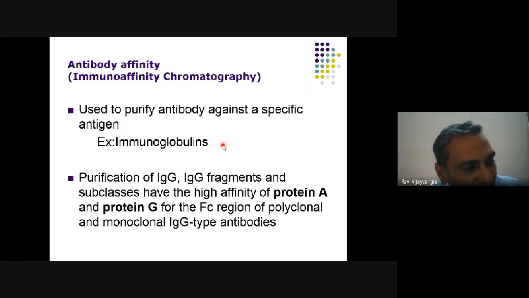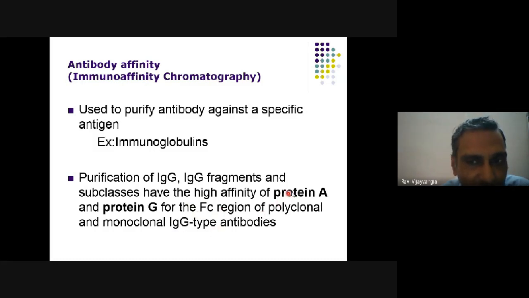Yes, antibodies. If you want to purify antibodies, apart from antigen, they also have high affinity for certain proteins. In this case, there are two proteins called protein A and protein G, from Staphylococcus and Streptococcus bacteria, and they have very high affinity for the constant region of IgG antibodies.